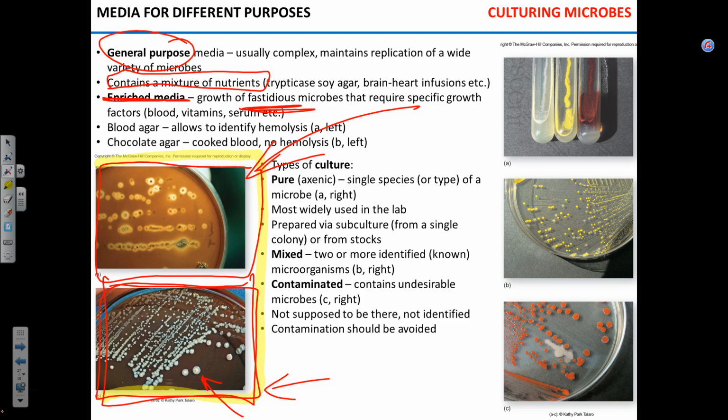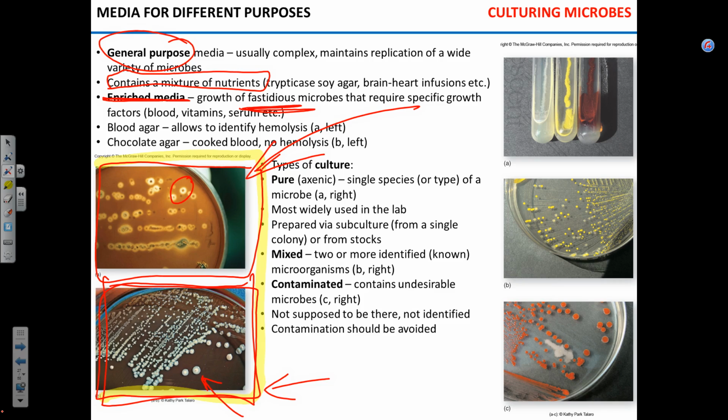This is the blood agar. In this case, blood is not cooked. Actually, sheep blood is added to the agar, so erythrocytes, red blood cells, stay intact. What you can observe on the blood agar is the process of hemolysis.